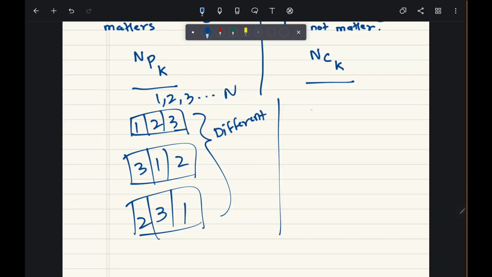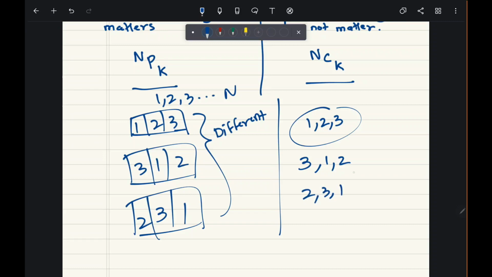But for combinations, they are all the same. So basically if you're picking 1 2 3, you have just picked or chosen these 3 numbers. It does not matter if you picked 3 first and then 1 and 2, or 2 3 1. These are all the same in combinations.